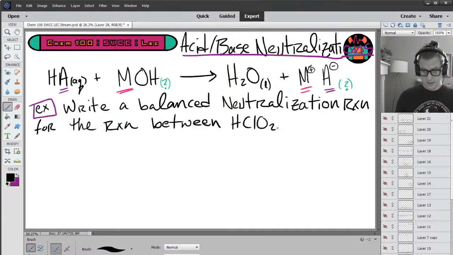This is chlorous acid. I don't believe we've learned how to name it, so you don't have to worry about it. And sodium hydroxide.